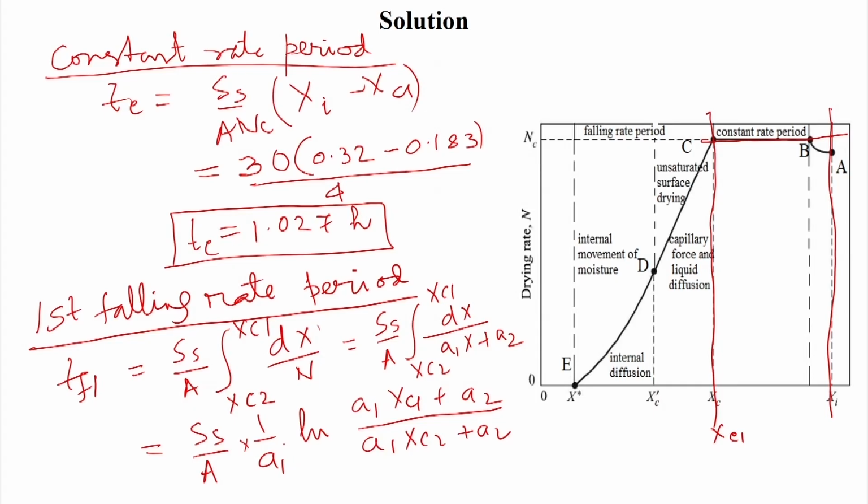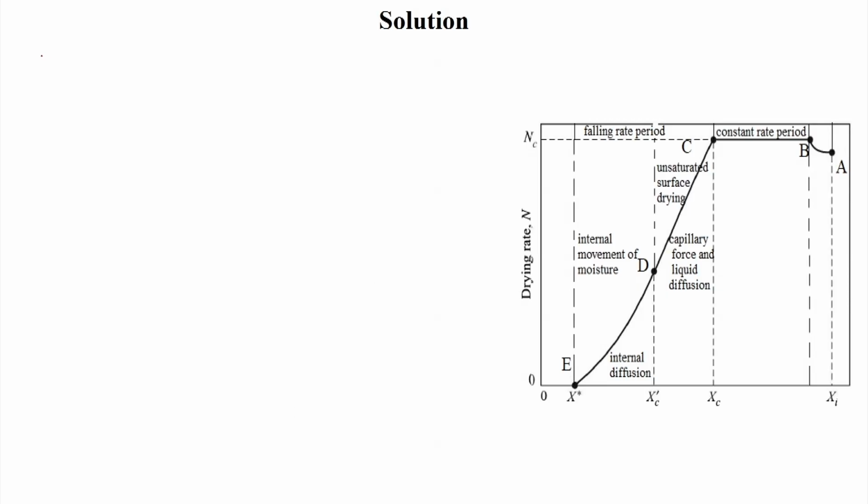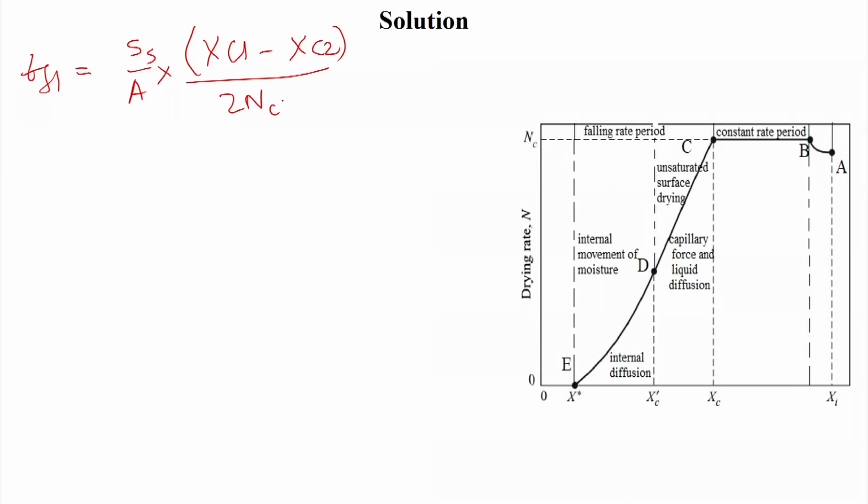Just by manipulating these A1 and A2 values in this equation, we will get the final form of Tf1. So, Tf1 is equal to Ss by A into 2 XC1 minus XC2, divided by 2 Nc, into ln of 2 XC1 minus XC2 divided by 2 XC2, and all the values are now known to us.